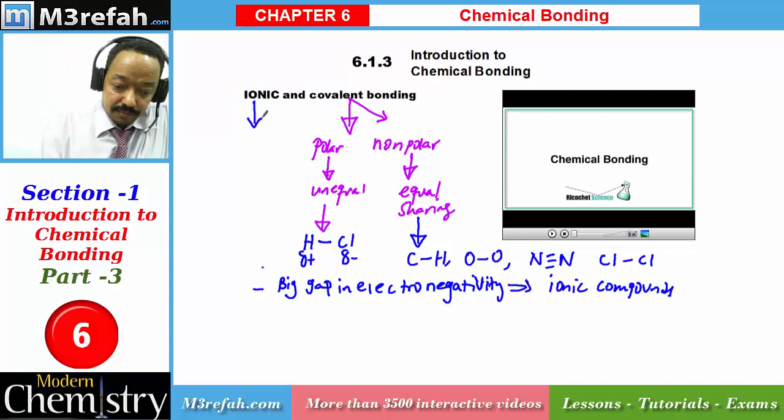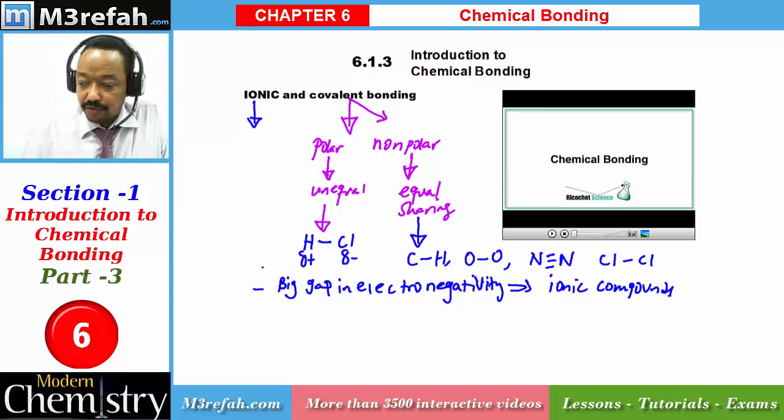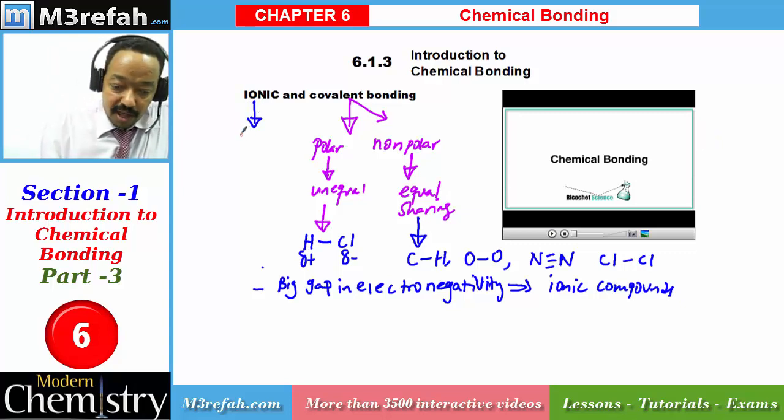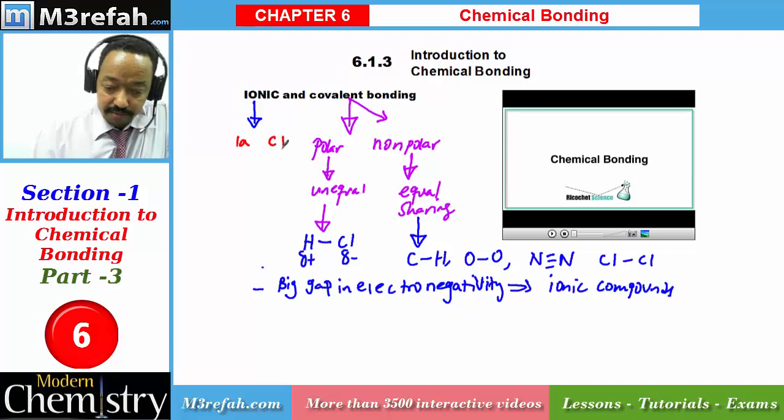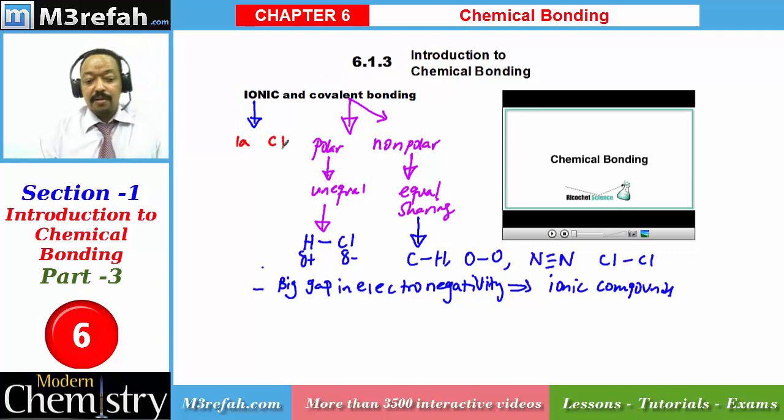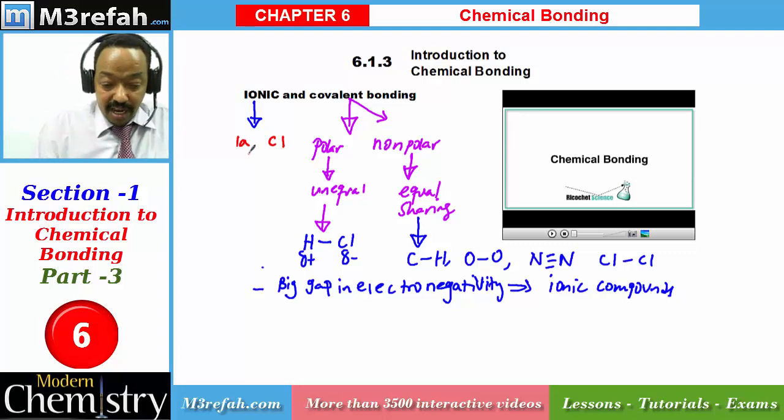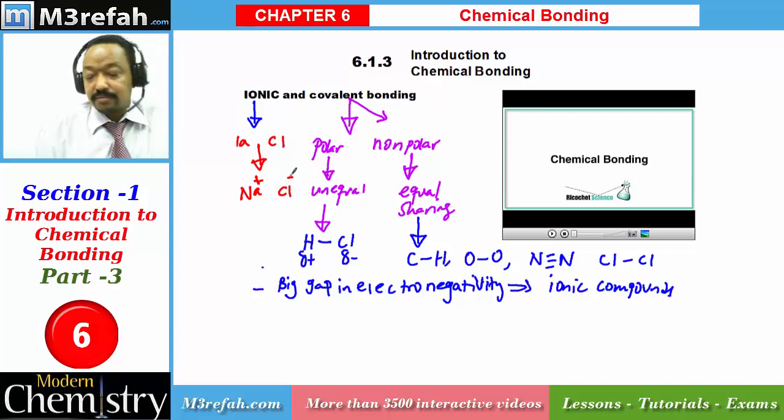consider this one. In the case of an ionic compound, we have metal sodium and non-metal chlorine. The reason an ionic bond is formed is because, at the end of the day, when the two atoms come together, they form sodium ion and chloride ion. What is happening?